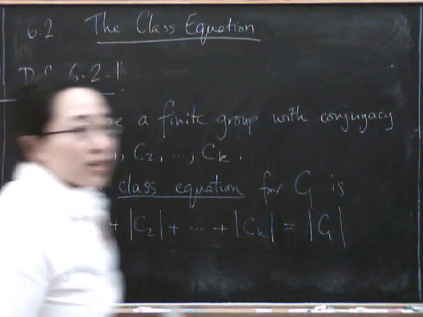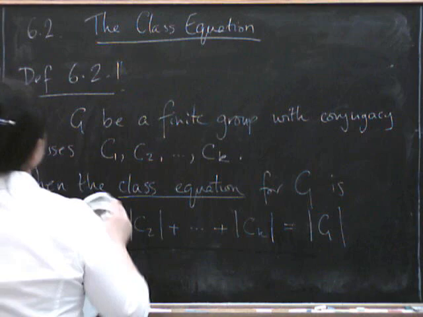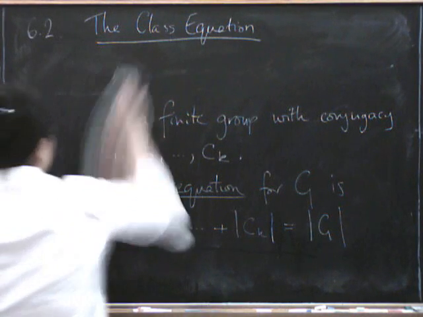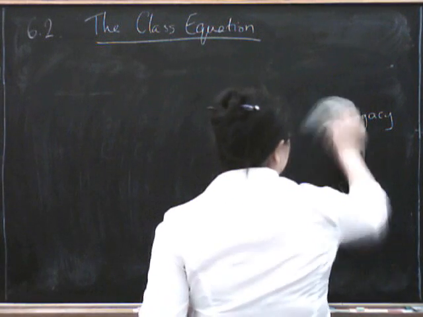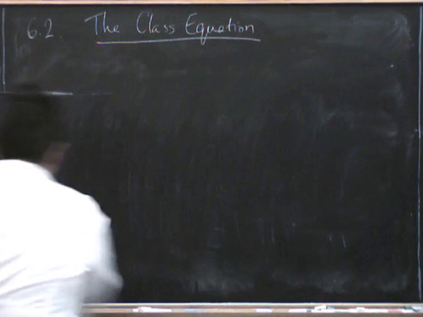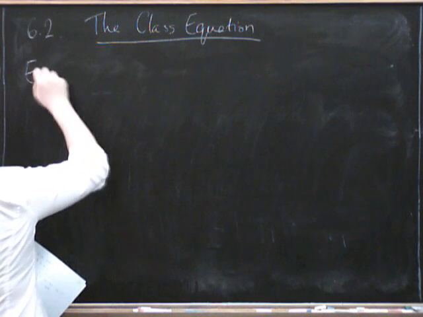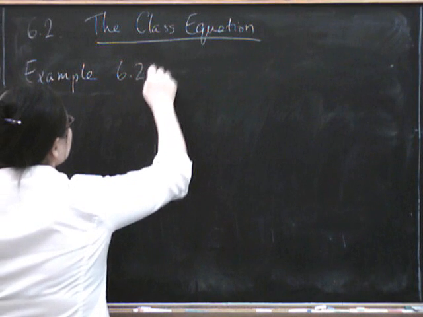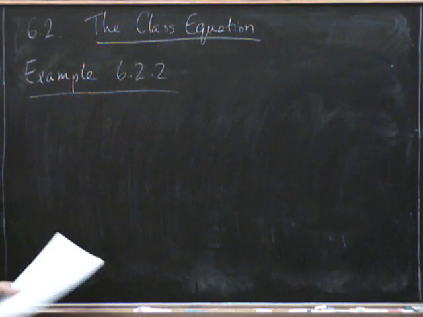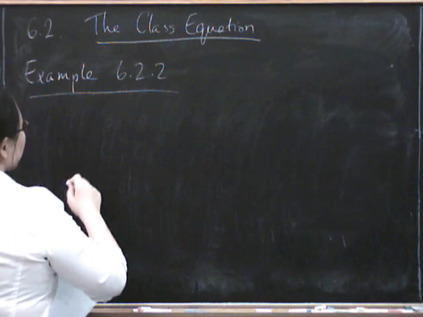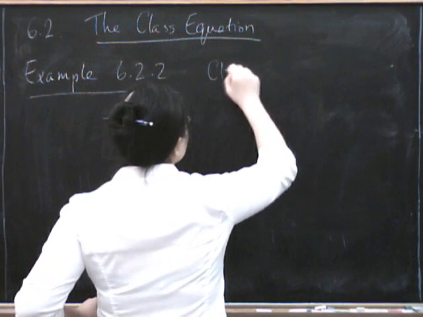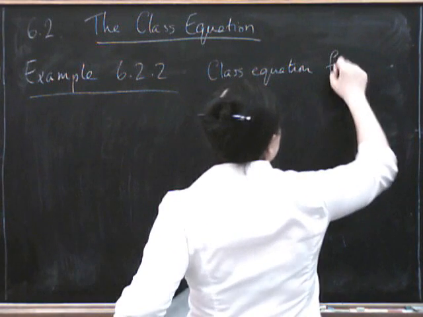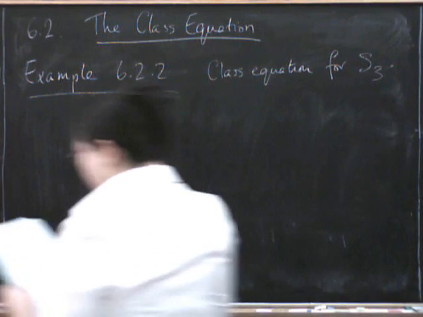We've kind of done D4 already, so let's try the permutations of 3 elements. That's a nice, easy one to get us going. Example 6.2.2. Okay, let's do the class equation for S3.